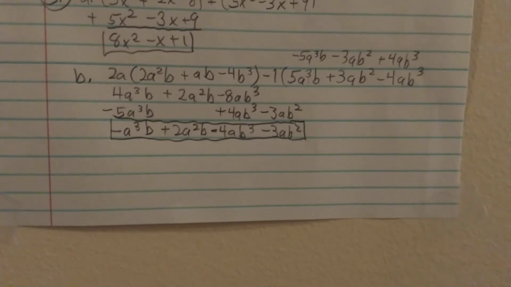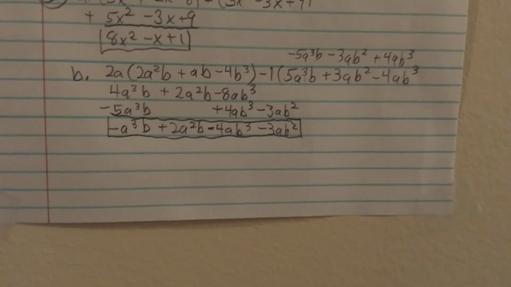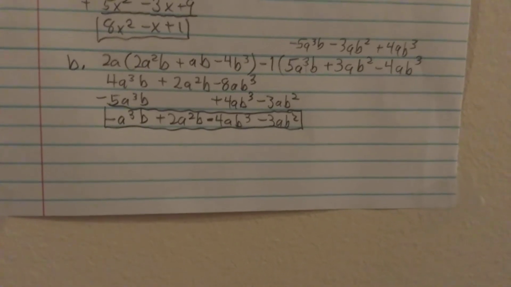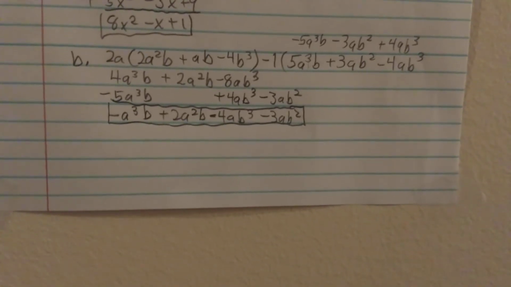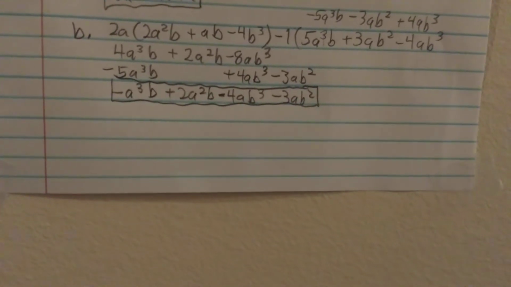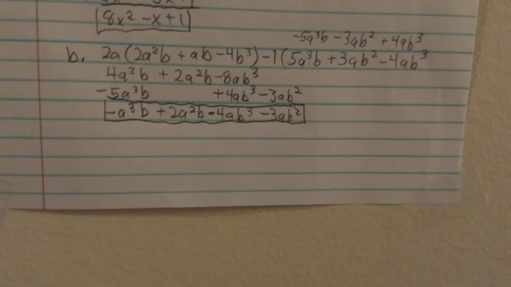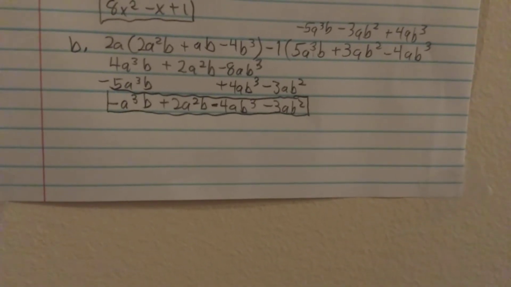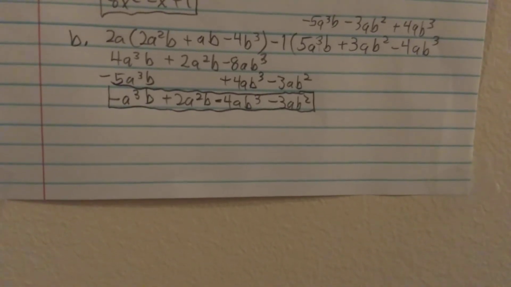And now taking the second trinomial and putting it under the first where the terms match up, I have 4a cubed b minus 5a cubed b is minus a cubed b, or just minus 1. Then the a squared b term is by itself, so it's plus 2a squared b.